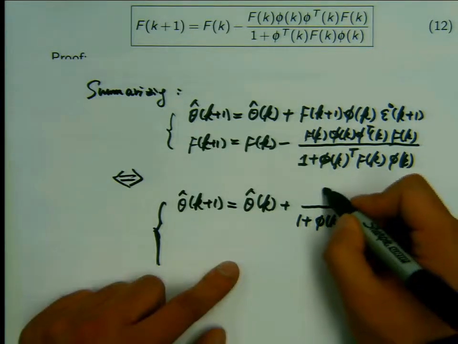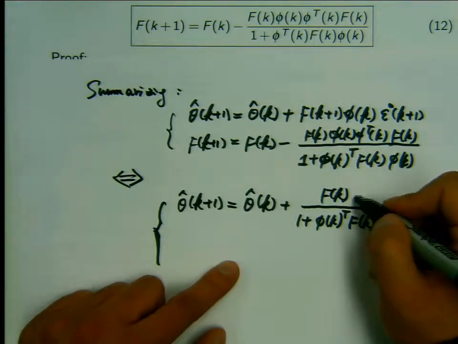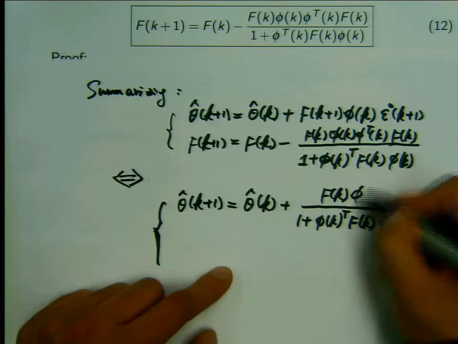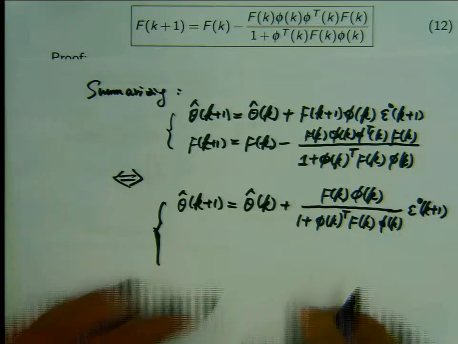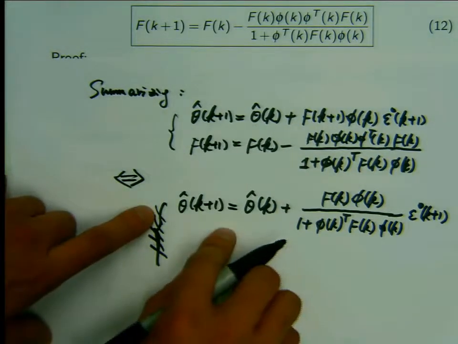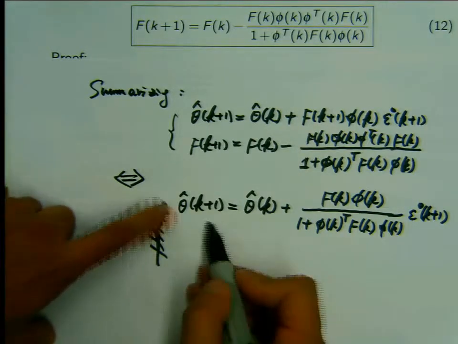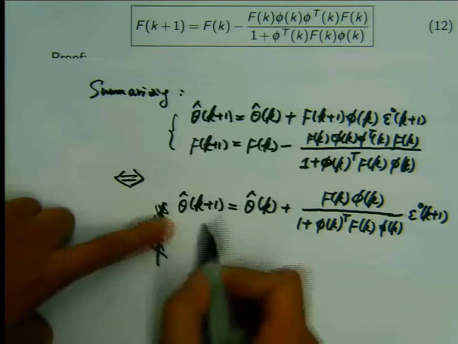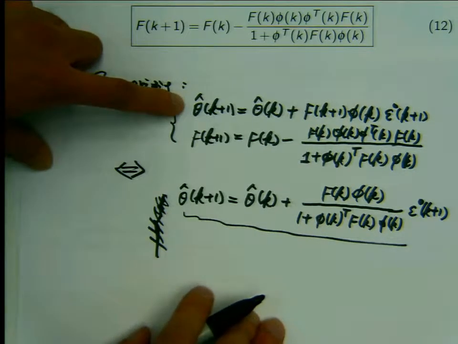It's going to be Fk phi k epsilon 0 k plus 1, divided by 1 plus phi k transpose Fk phi k. Okay? So for computation, it turns out you can use this equation or this equation. Both are fine.